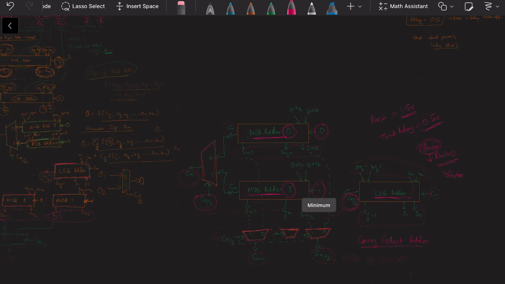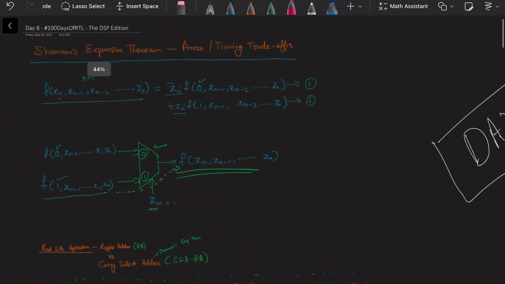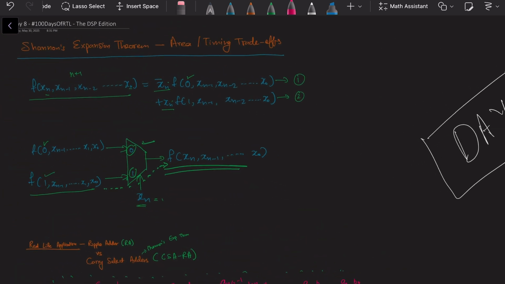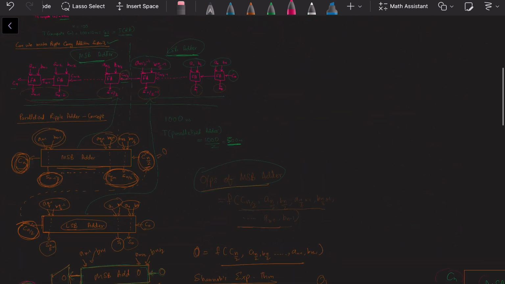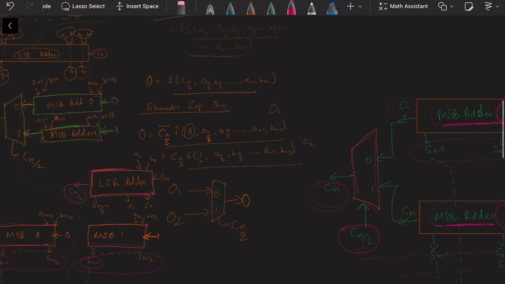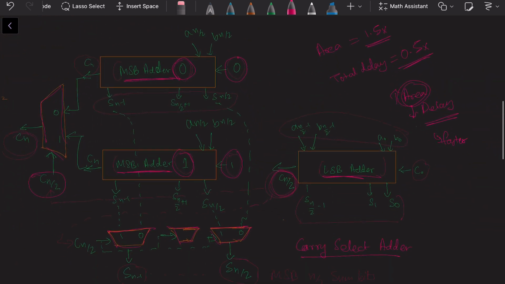As we can see, we introduced Shannon's theorem over here, and we wanted to explore the area and timing trade-offs using Shannon's theorem. This example of ripple adders followed by the carry select adder is a pretty good illustration of the area-delay trade-off in these adders.